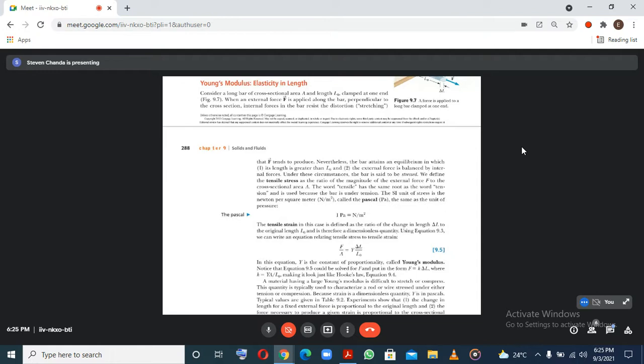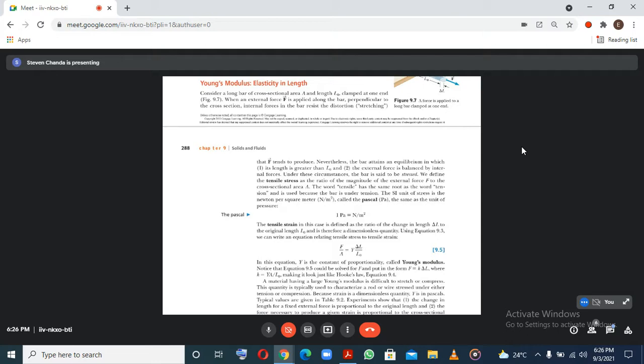Remember, for a spring, we would call it the spring constant. But if we are looking at a deformation or the elasticity in length, then instead of spring constant, you're going to say that's your Young's modulus.